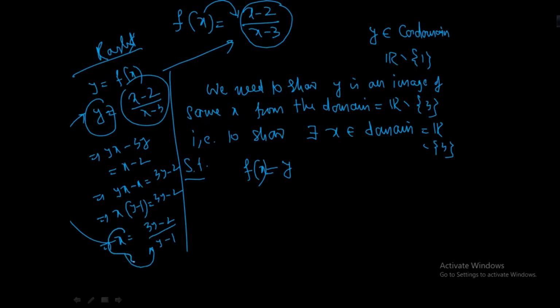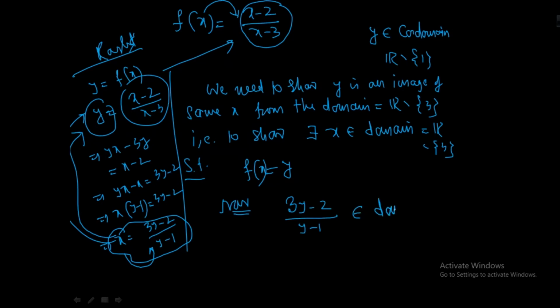ভেবে দেখ x এর ভ্যালু যদি এটা হয় তাহলে কিন্তু y equal to এটা হবে. If x is this, then y is this. So we'll write now (3y minus 2) by (y minus 1) belongs to the domain. কারণ আমরা দেখতেই পাচ্ছি x এর ভ্যালু এটা আসবে, ডাইরেক্টলি লিখব domain, that is R minus 3, such that f of (3y minus 2) by (y minus 1) is equal to y.